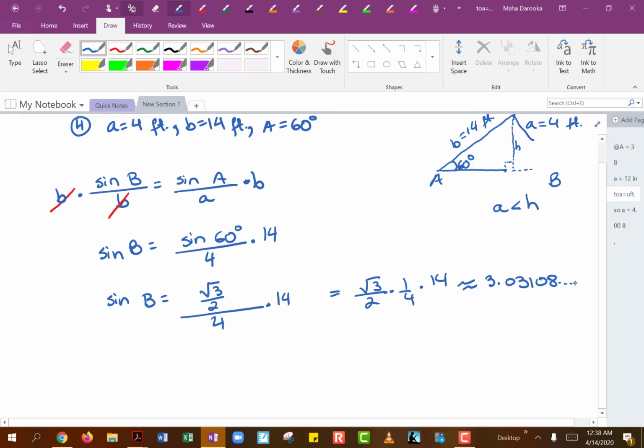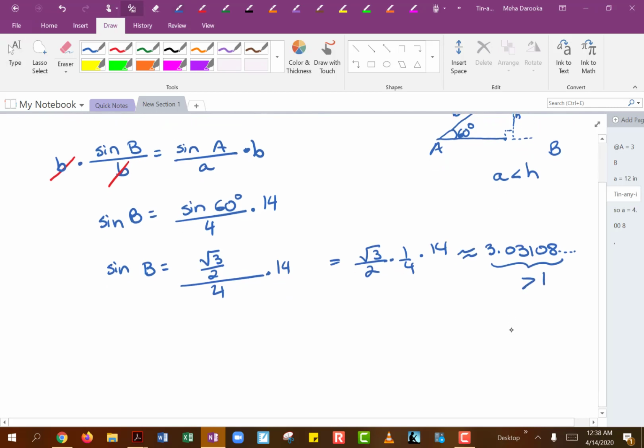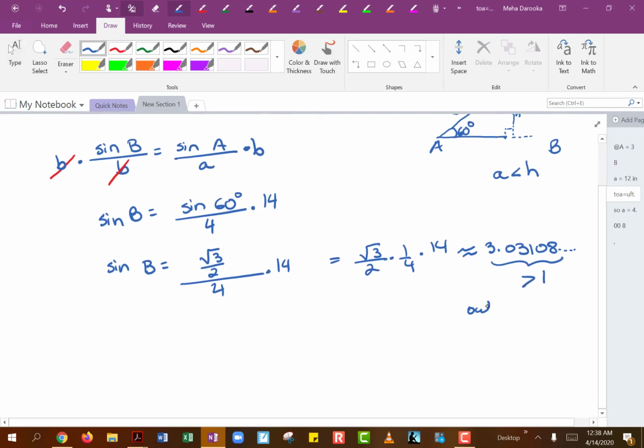So right here you can again see this is going outside of the range of sine of B. This value here is greater than 1, outside the range of the sine function.